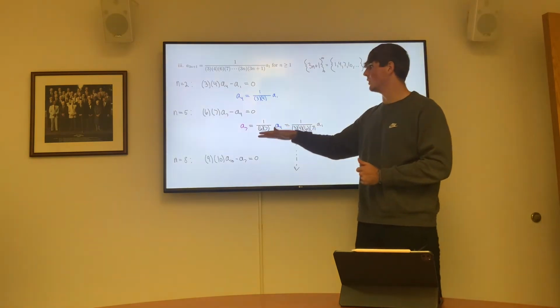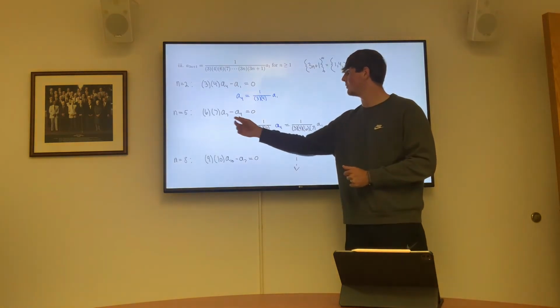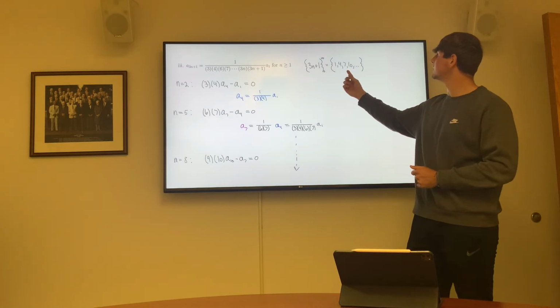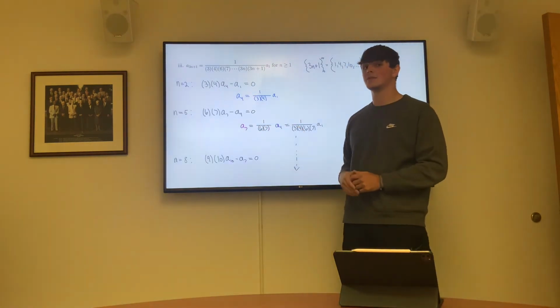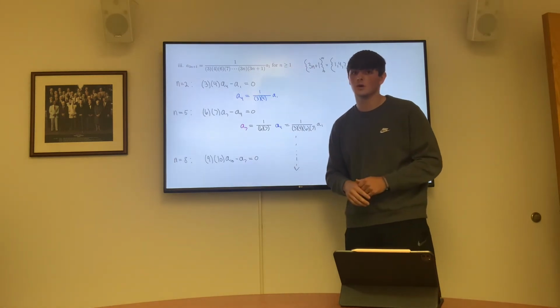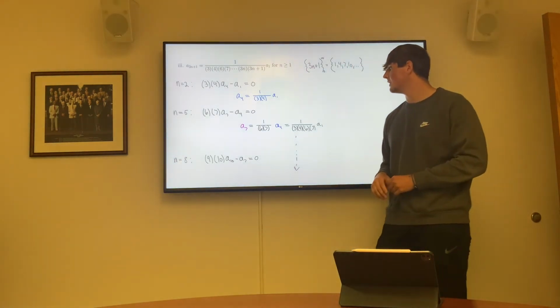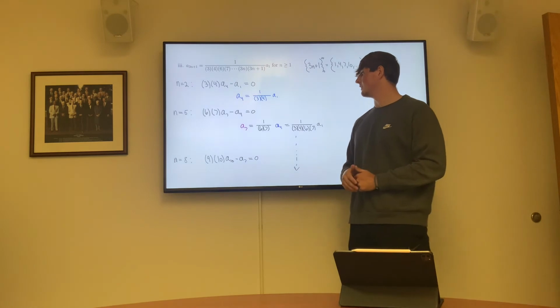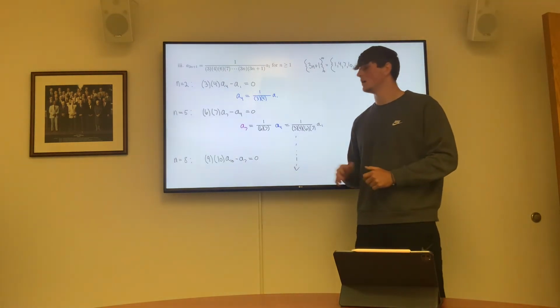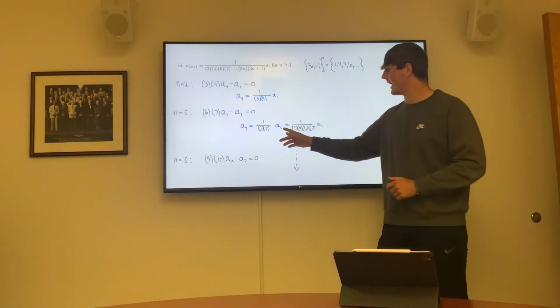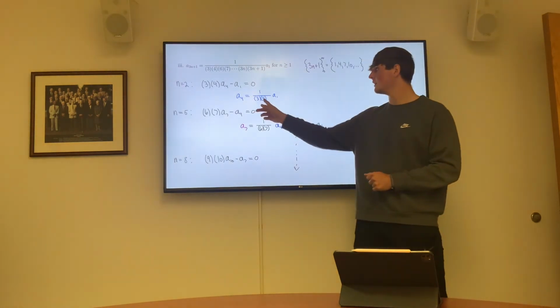Go on to n equals 5. We have more terms that lie within this sequence. We have 6 times 7 times a7 minus a4 equals 0. We can rearrange this again, having a7 equals 1 over 6 times 7 times a4. From here, we can go back. We know what a4 is.